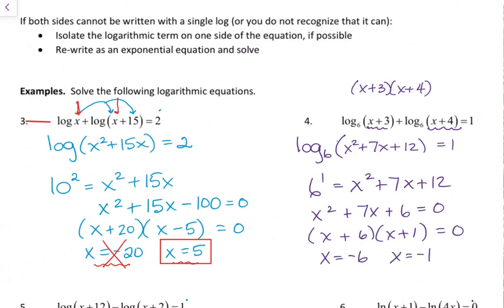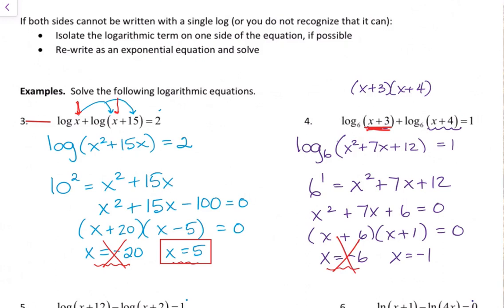So now I need to check these back in the logarithmic equation to see if I need to eliminate any of them. If I check first with the -6, of course, -6 plus 3 would be negative, so it's gone. As soon as I hit a negative or 0 argument, I throw it out.